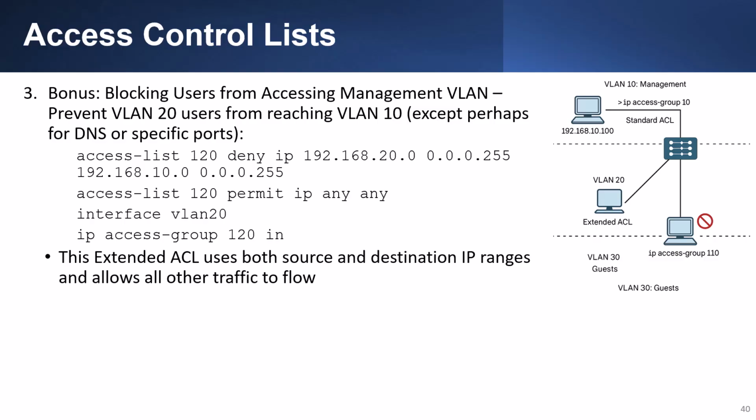Access list 120, permit IP any any. Interface VLAN 20, and IP access-group 120 in. This extended ACL uses both source and destination IP ranges and allows all other traffic to flow.